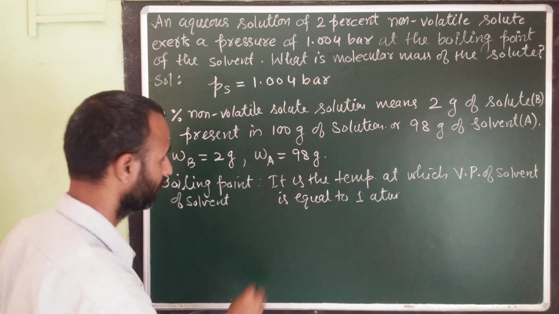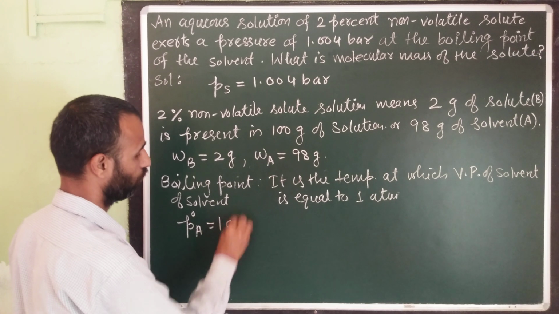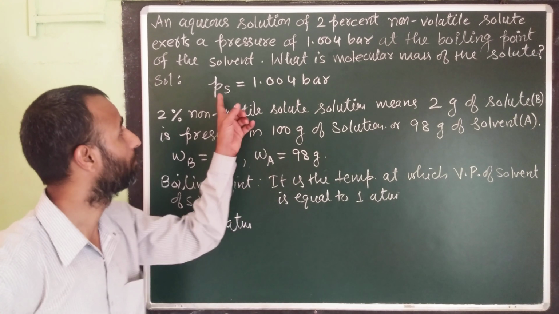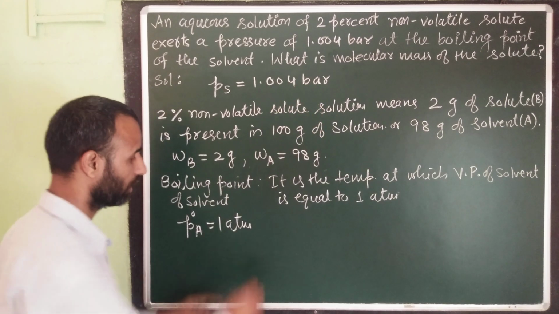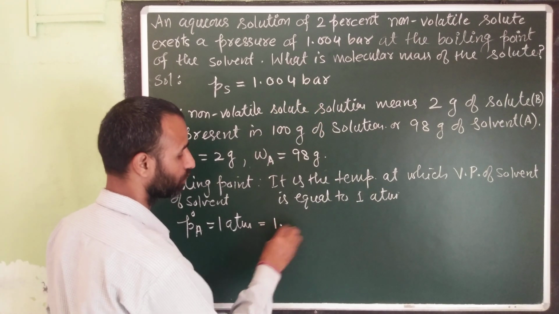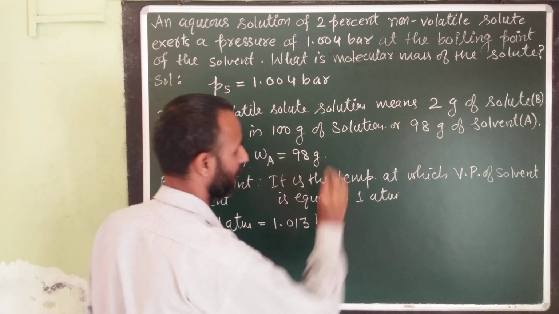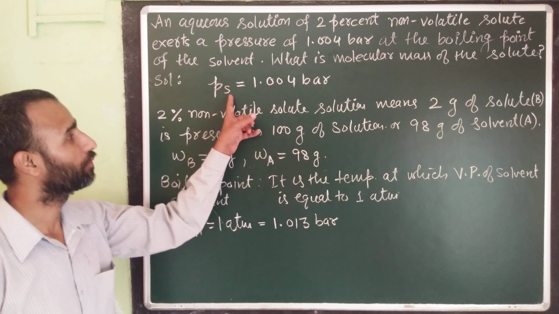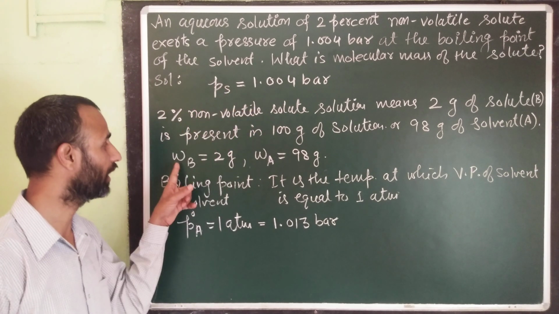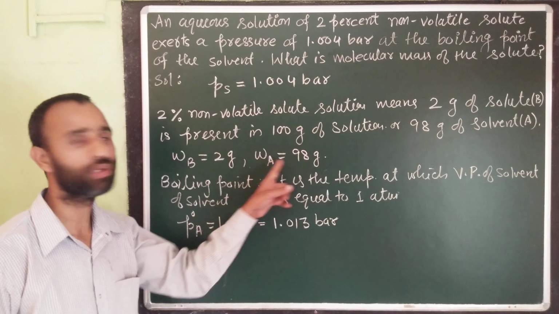So from here we get P naught A as 1 atmosphere, but vapor pressure of solution is given in bar. So convert 1 atmosphere into bar, so it is 1.013 bar.